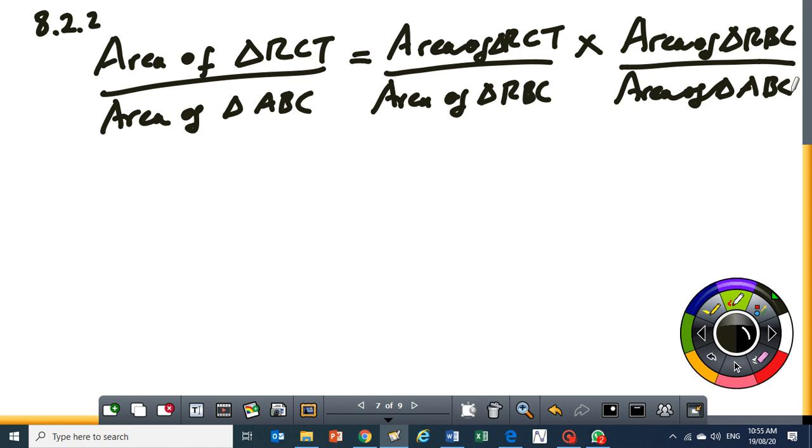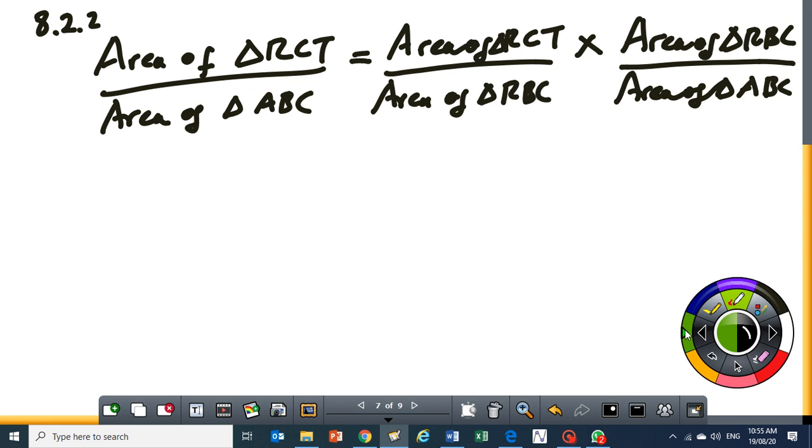What's going to happen is we can find this ratio, and we will also find that ratio. It multiplies the two. Okay, we can't find this ratio directly. It's not possible because we don't have any dimensions in terms of the height, the bases, and so on.